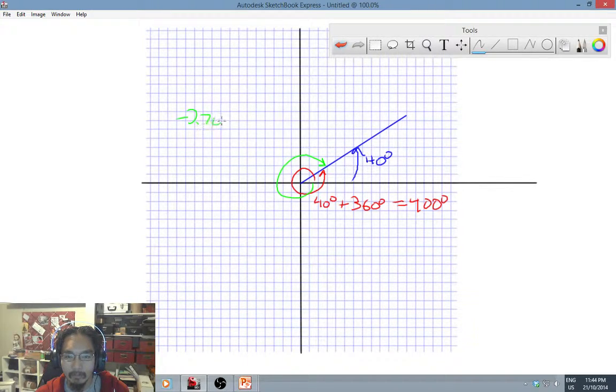Or another way to look at it, probably not the best way, is that one full rotation negative is going to be negative 360 degrees, but we're going to add 40 to it because we're not going the full way around. We're part way around, 40 degrees is pushing it back a bit.